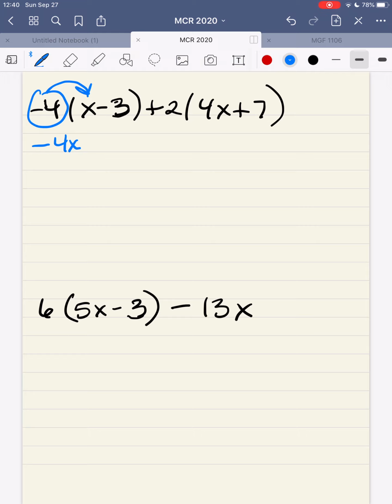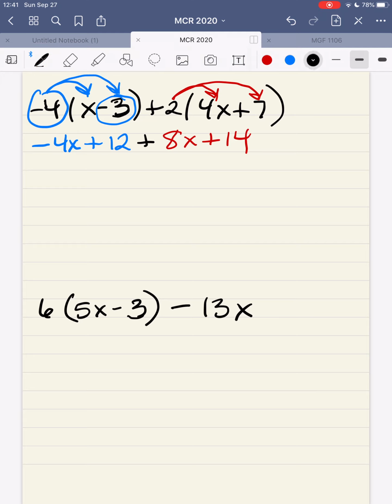And a -4 times a -3: a negative and a negative give me a positive. 4 times 3 will give me 12. This plus is going to stay. Plus doesn't change the signs of anything coming after it. And I have 2 times 4x, which will give me 8x, and 2 times a plus 7, which will give me a plus 14.